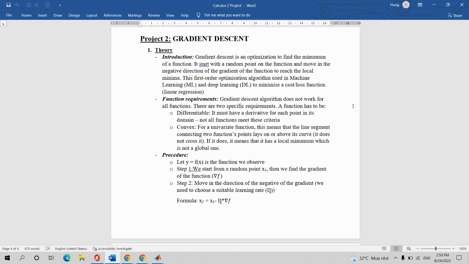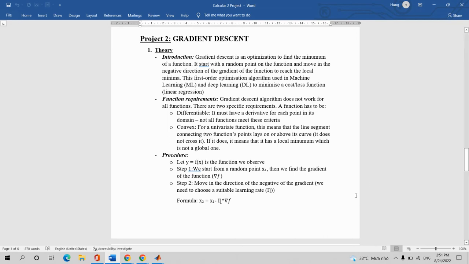Function requirement: the gradient descent algorithm does not work for all functions. There are two specific requirements. A function has to be differentiable. It must have a derivative at each point in its domain. Not all functions meet these criteria.